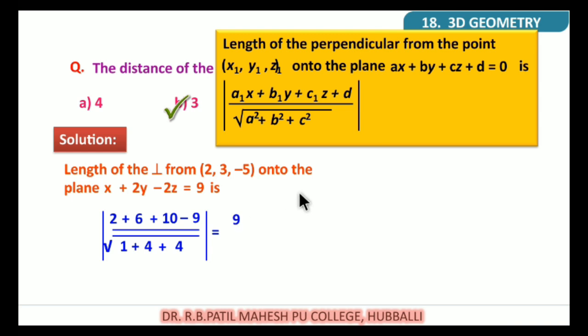So this will be equal to 9 divided by 3, because the square root of 9 is 3. So 9 by 3 is again 3. Therefore the answer will be option B, 3.